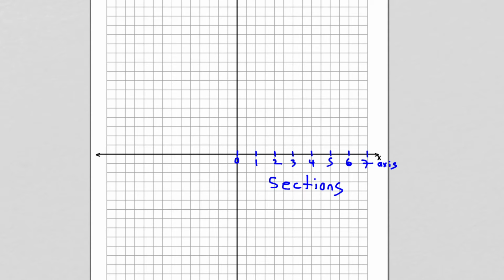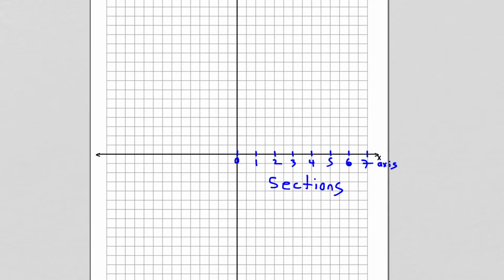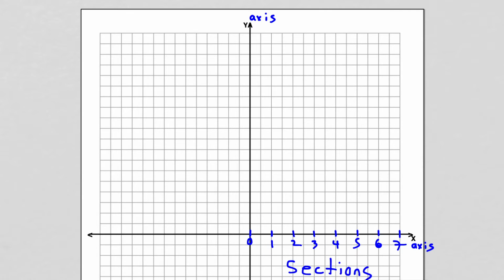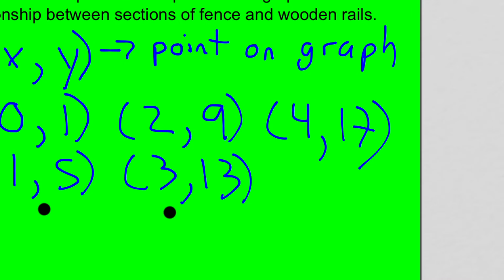Now our y values will be the rails. We've been calling y rails, so I'm going to call this part rails. Now our rails go 1, 5, 9, 13, 17.